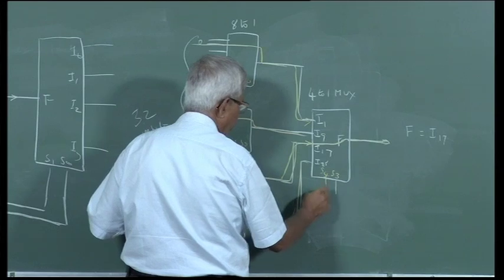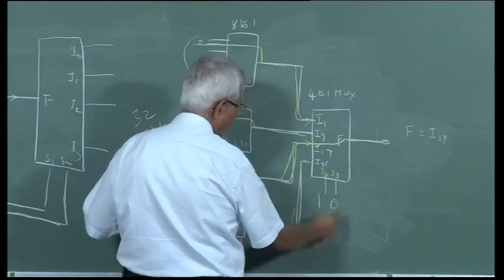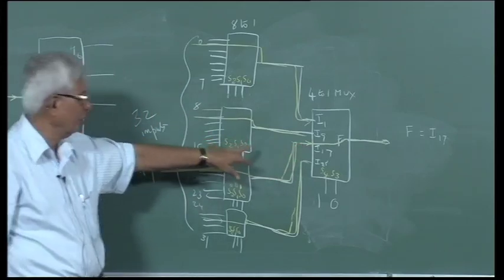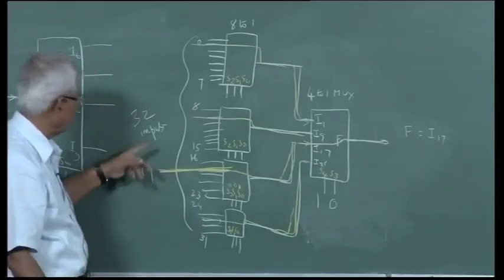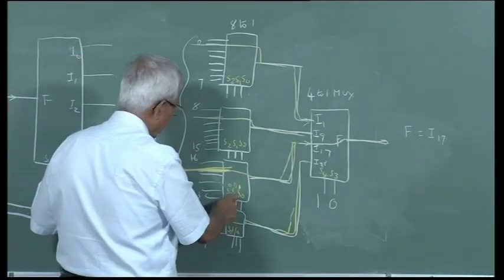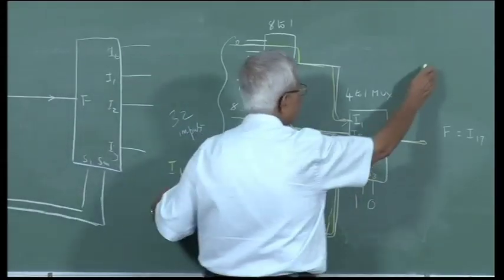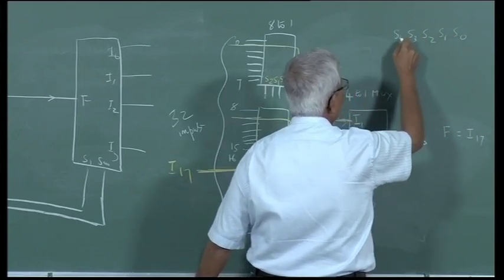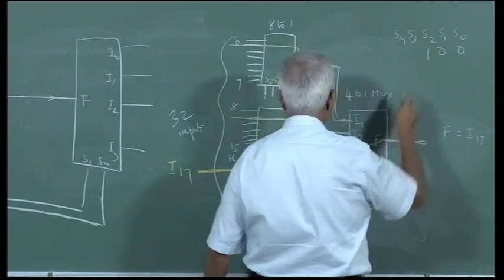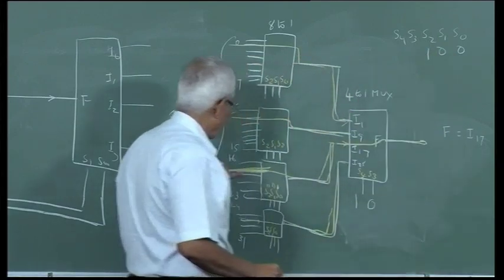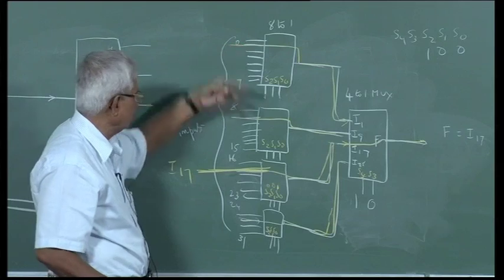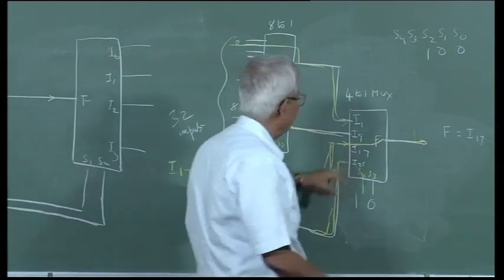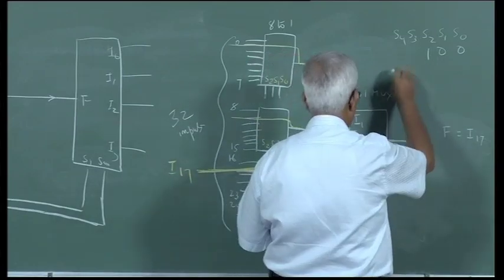If I make S4, S3 as 1, 0, the third input, which is I17, will go out. So now the selector lines will be 0, 0, 1 for S0, S1, S2, and 0, 0, 1 will select I17 along with I1, I9, I25, out of which I want only I17, which means I should select this as 1, 0.